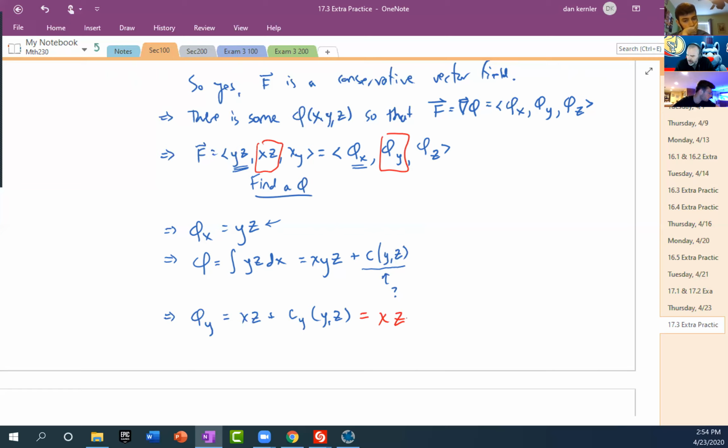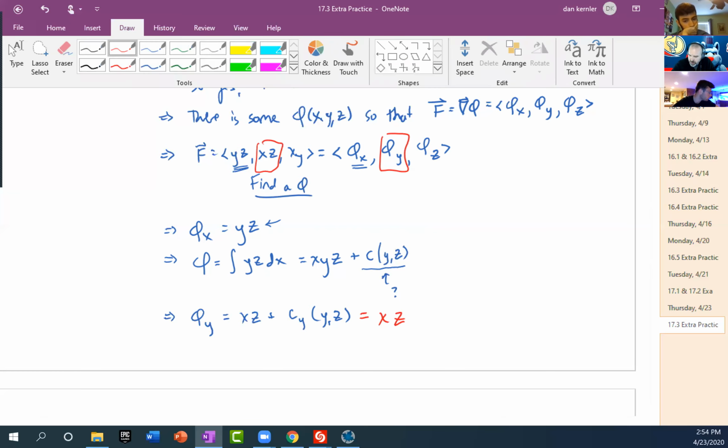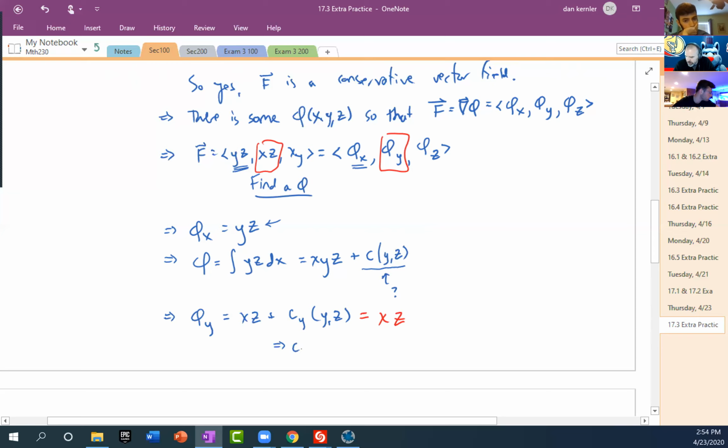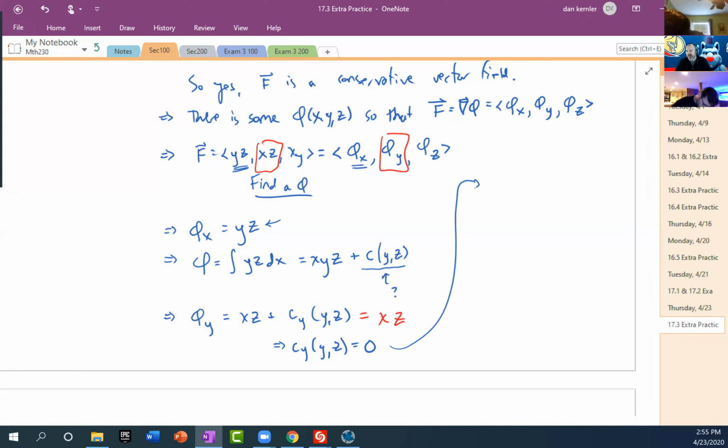Now here's the thing. This must mean that whatever that partial derivative is of c with respect to y, it must be 0. Well, if the partial derivative of c with respect to y is 0, what does that mean that c must be equal to?